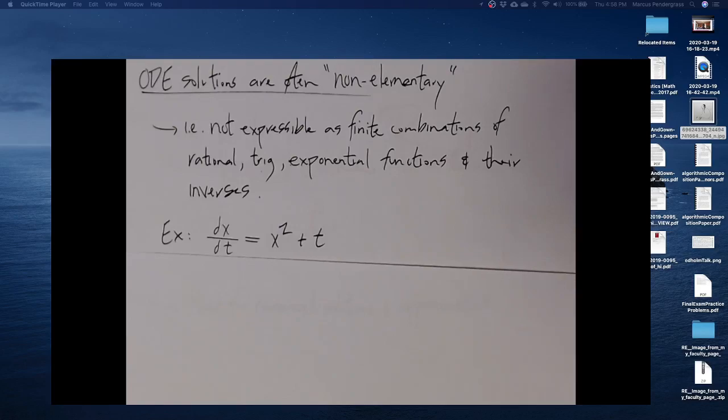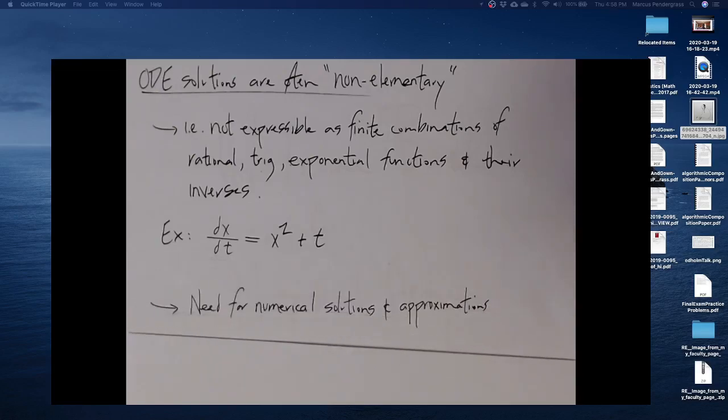They're not finite combinations of rational functions, trig functions, exponential functions, and their inverses. And so this points out a basic need in ordinary differential equations, which is a need for numerical solutions and approximations. And so that's kind of the approach that we're going to be taking in this class.